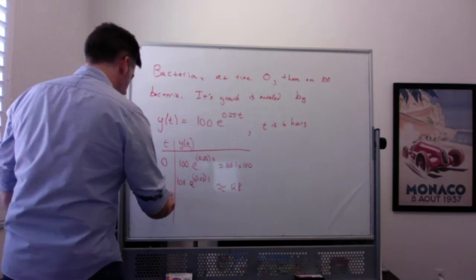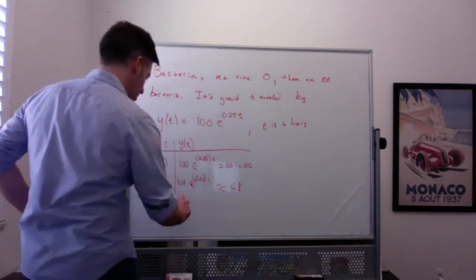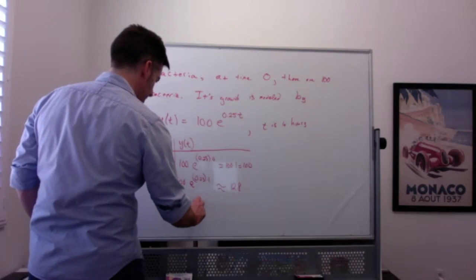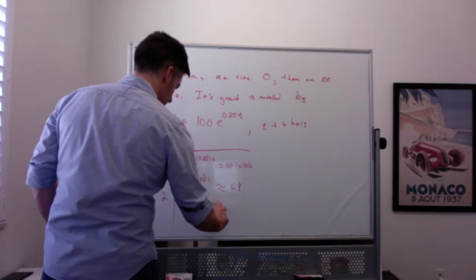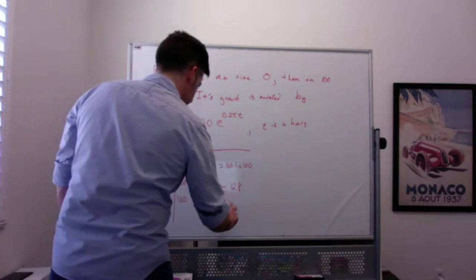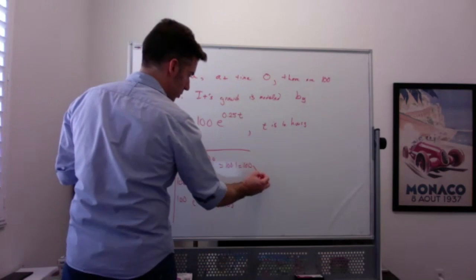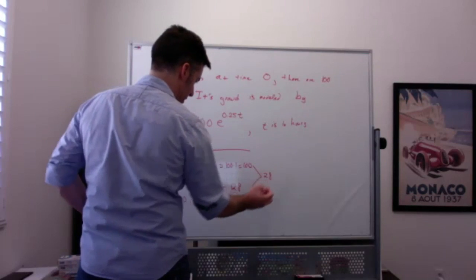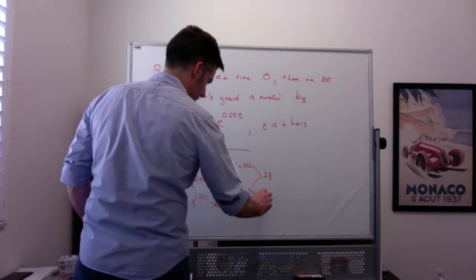But then at the end of the second hour, we're going to have 100 times e to the 0.25 times 2, which is approximately 165. So from hour 0 to hour 1, we grew by 28 bacteria. From hour 1 to hour 2, we grew by 47 bacteria.